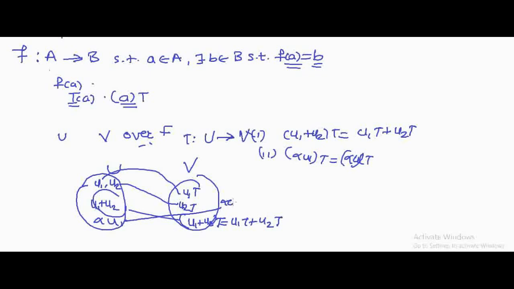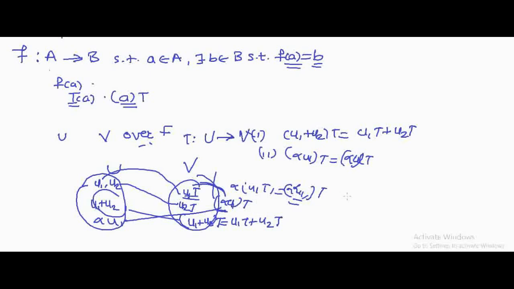Suppose this is alpha u1, T of alpha u1, a member of V. And these, T of u1 and T of alpha u1, are two different elements, but if the relation between these two is satisfied, alpha times T of u1 equals T of alpha u1, if these two conditions are satisfied, then it is called a homomorphism.